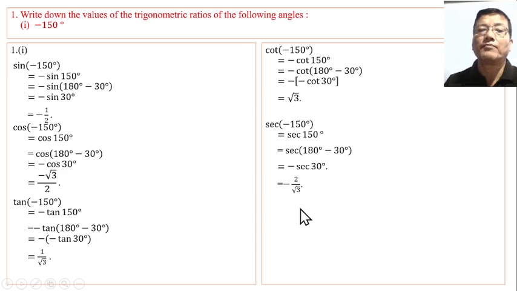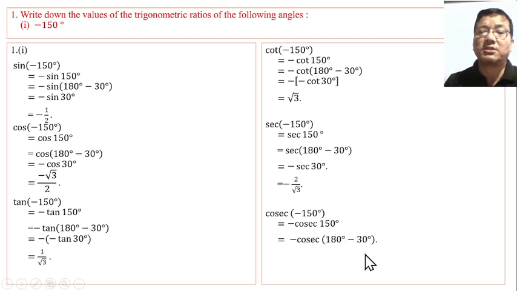Cosec of 150 is 180 degrees minus 30 degrees, in the second quadrant, and cosec is positive there, so cosec 30 degrees, the reciprocal of sine 30, which is half, so it is 2.